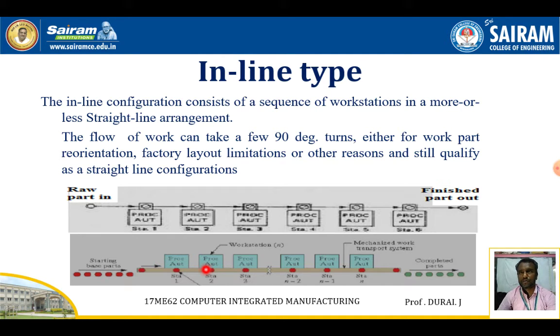So it will be used in some of the automobile industries. This type of inline method will be used mainly in car manufacturing companies and for producing large machining components.